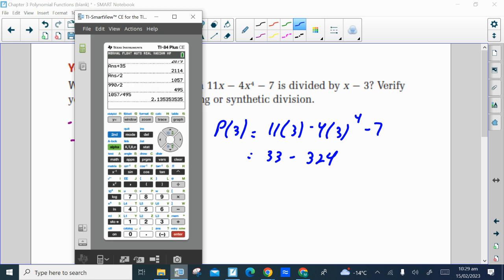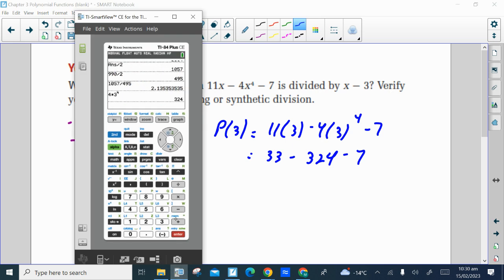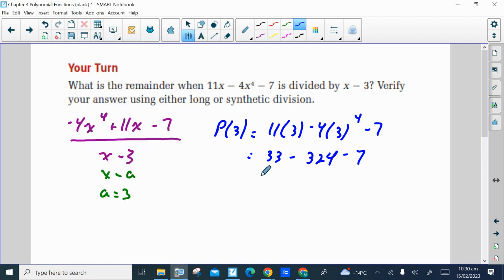Better check that. 4 times 3 to the power 4. Yep. So obviously this is not going to be 0. It's negative 298.